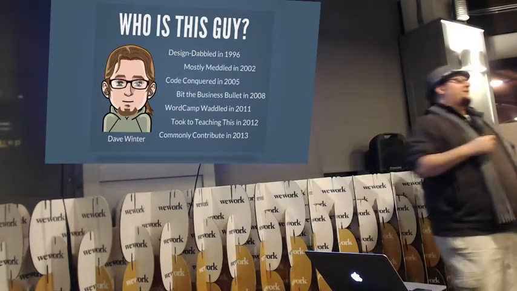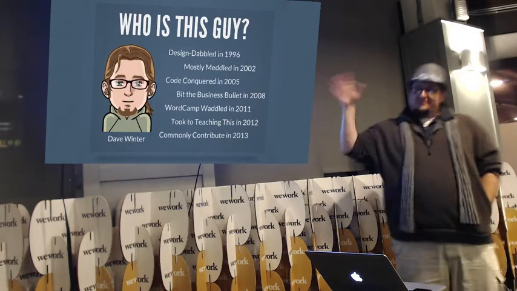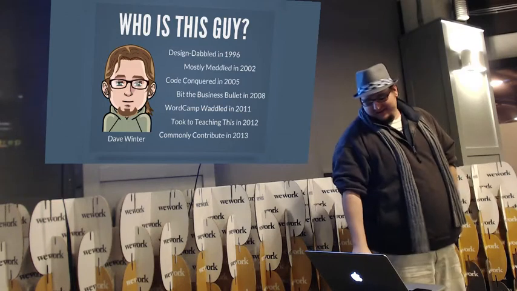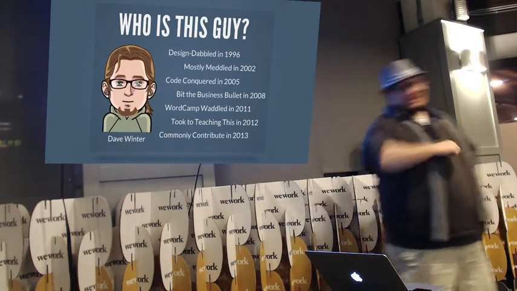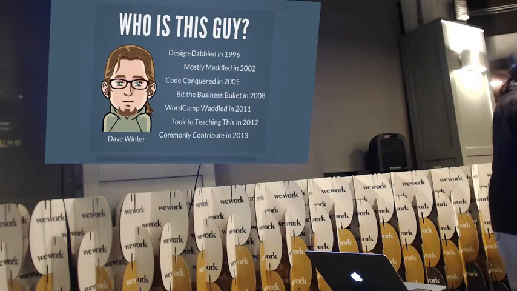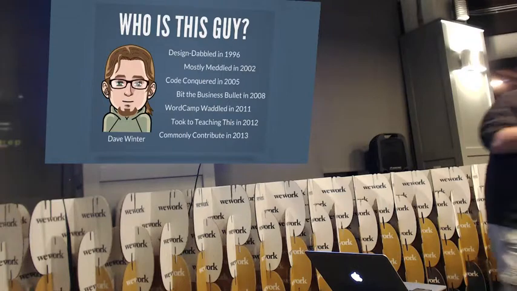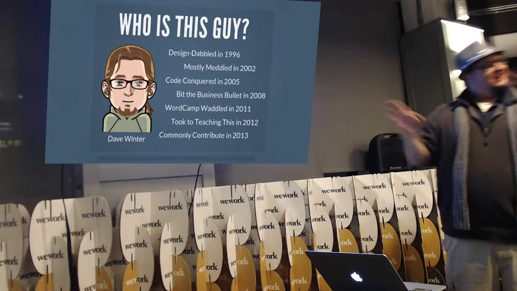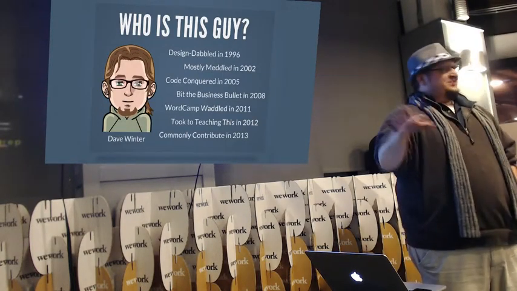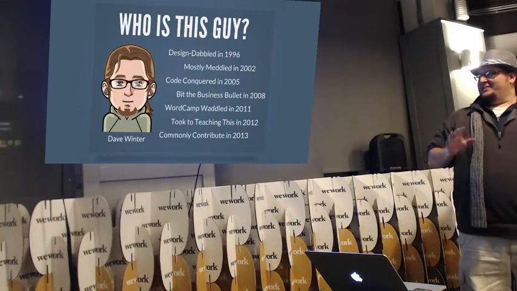Then I mostly meddled in 2002. I was actually in college dealing with other things. However, design was always kind of big on my mind still. I code conquered in 2005, and by code conquered I mean I actually developed my first site that went live on the internet, because this other one was kind of, it was live, but it was through GeoCities or one of those ones that has all the ads way back in the day that nobody liked.